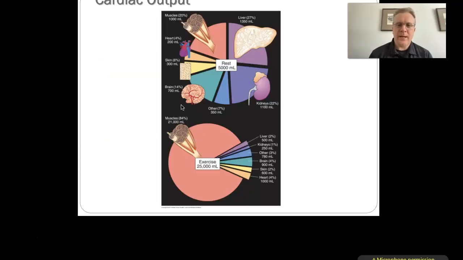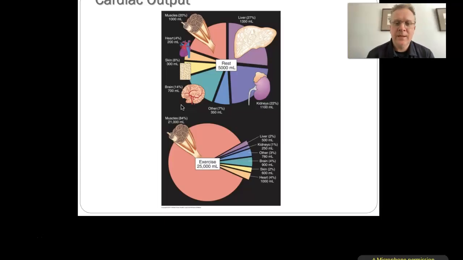This is one that I really like here, and I would highly recommend knowing some of these overall numbers, and more so the percentages of the distribution of blood to the different tissues. At rest, it's not evenly matched, but it's distributed fairly well in regards to blood supply to the vital organs, working tissues, the brain.